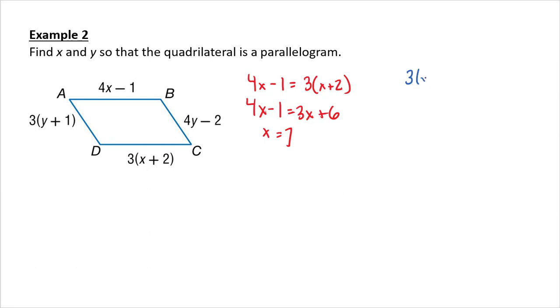Opposite sides are congruent, so 3 times quantity y plus 1 is equal to 4y minus 2. I'm going to subtract the 3y over, add the 2 over, and y is equal to 5.